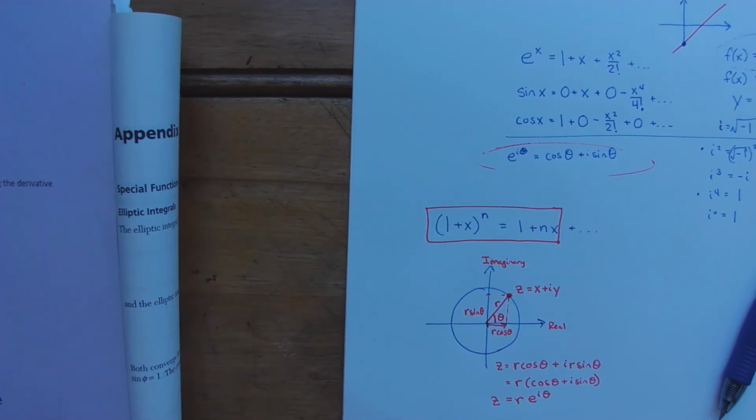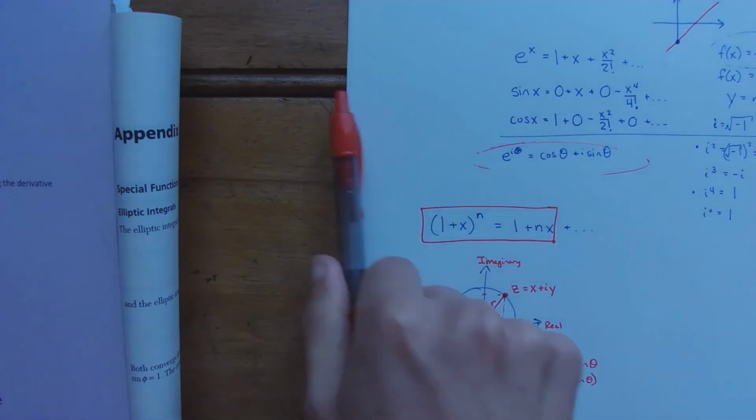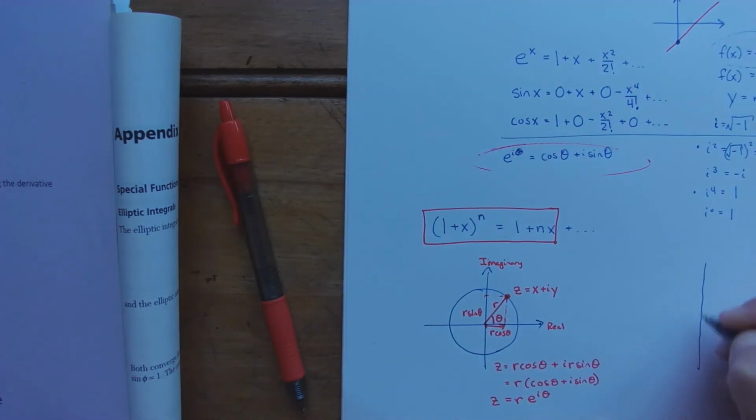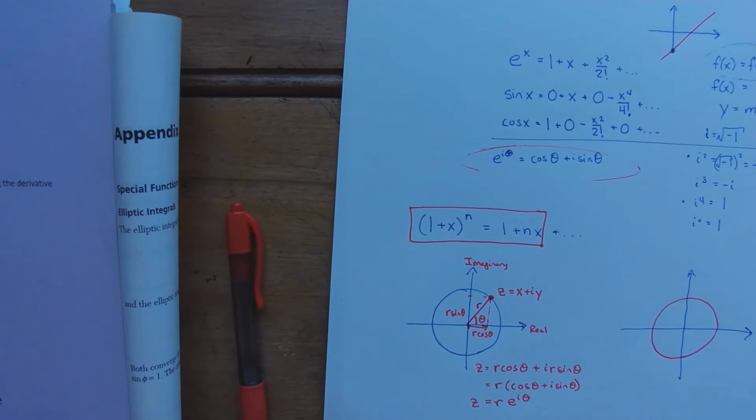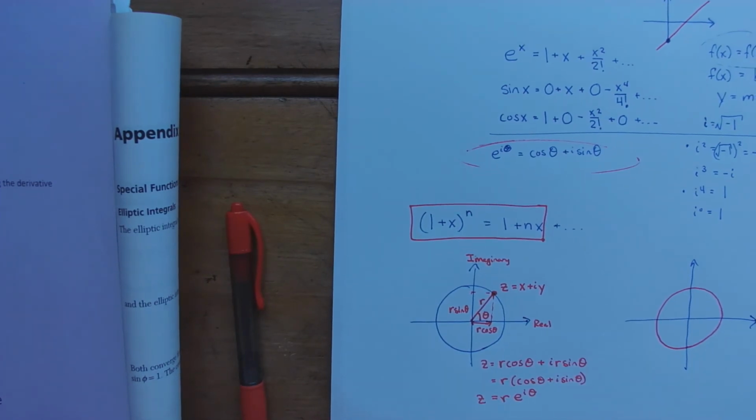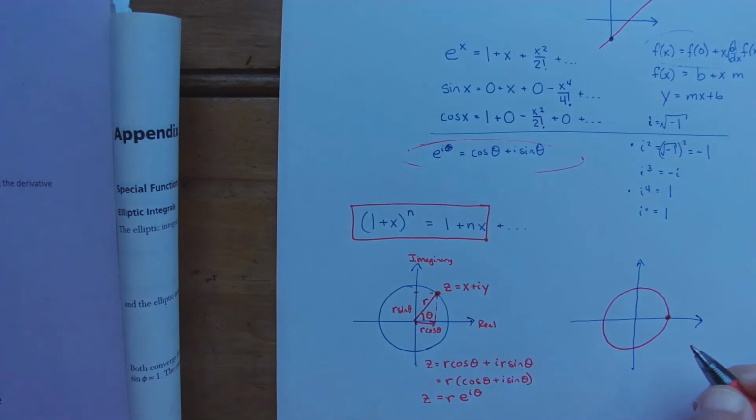And now, if we say the radius is equal to 1, okay, so we have a circle here, it's supposed to be a circle, and the radius is equal to 1. And we're going to look at 4 different points on the circle. So we're going to look here, and this is when theta is equal to 0 and r is equal to 1.